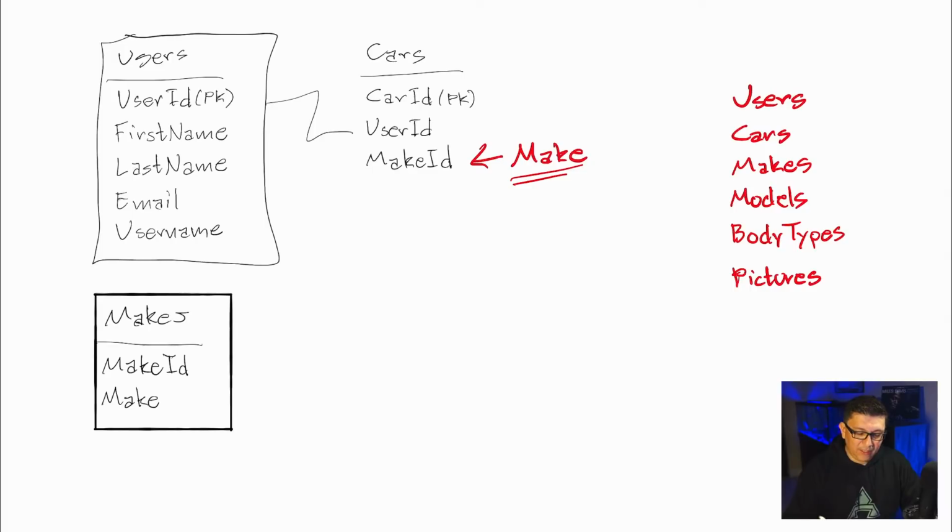And this way, one benefit is that you can control how the spelling should be. So instead of creating a free text field on your application, you can force the user to select from a list of presets. So for example, from a drop-down, instead of them typing it in, they can just select Ford from a drop-down, and you can dictate how Ford should be spelled, and the same thing for other makes.